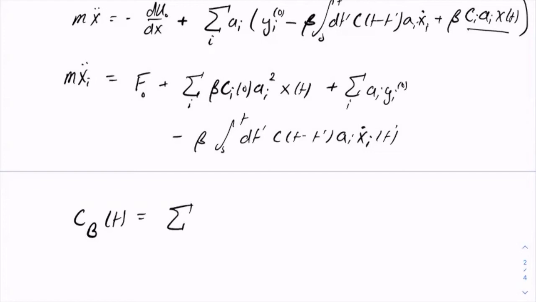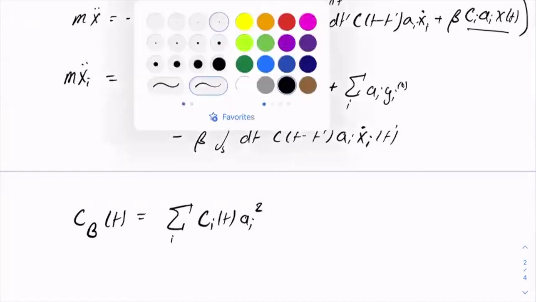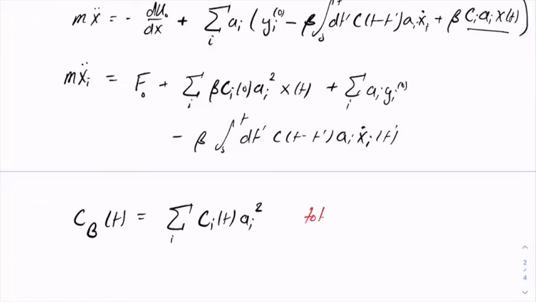So it is the correlation for each individual oscillator, weighted by how strongly that oscillator is coupled to the solute, the A variables. So this encodes the total weighted correlation function from the bath.